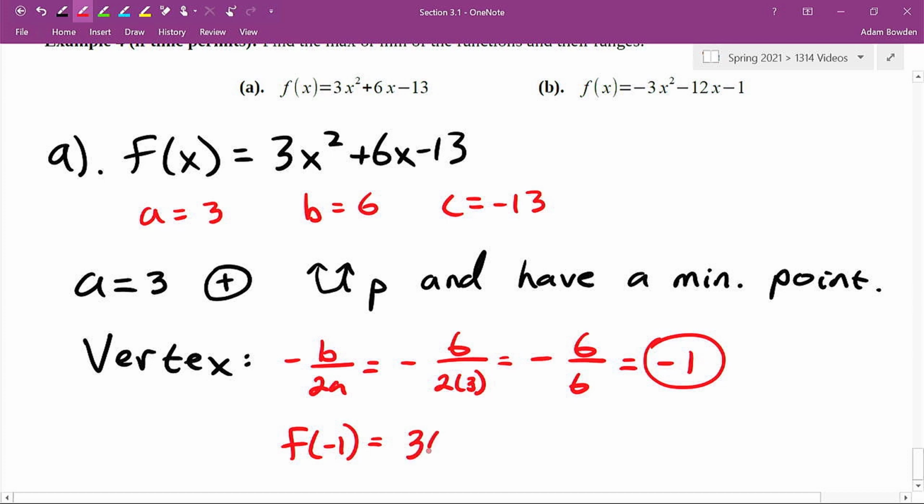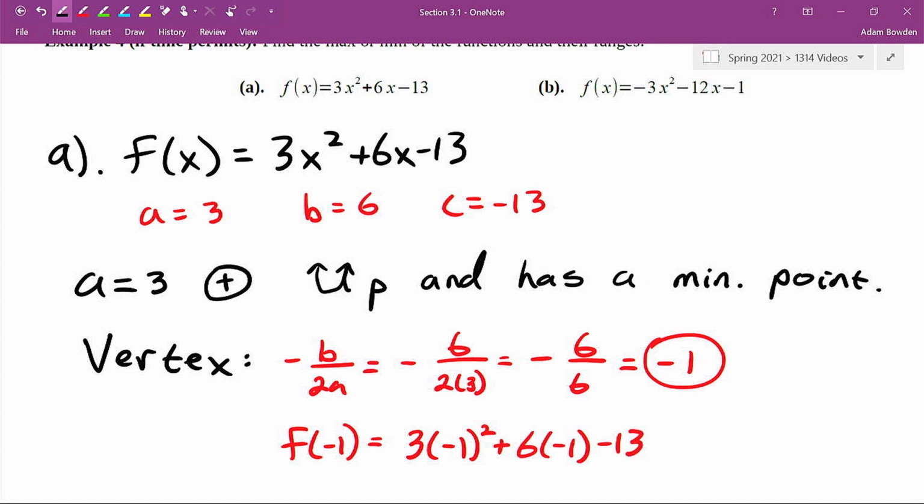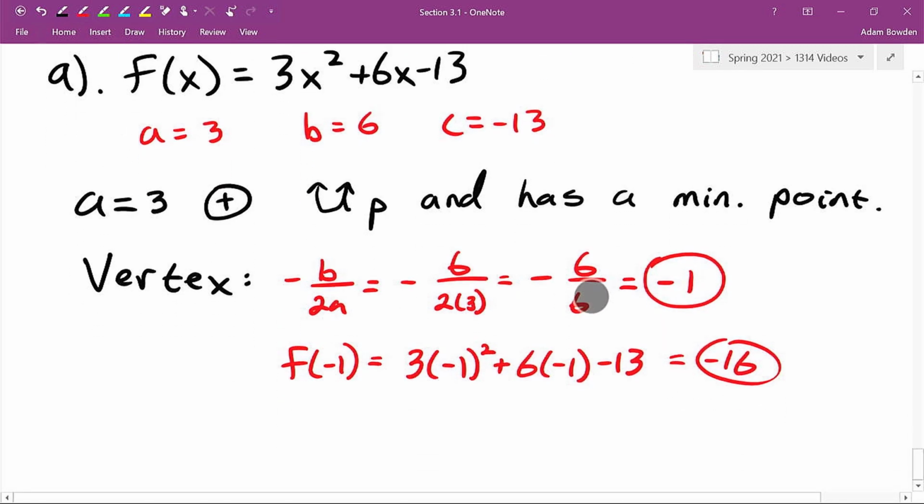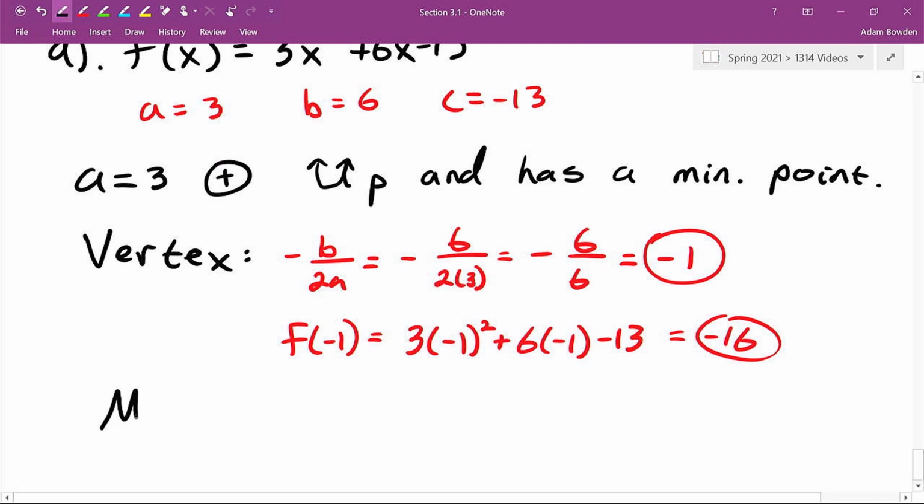So we'd have 3 times negative 1 squared plus 6 times negative 1 minus 13. That comes out to be negative 16. So we now know that the minimum point is going to be at the point negative 1 comma negative 16.